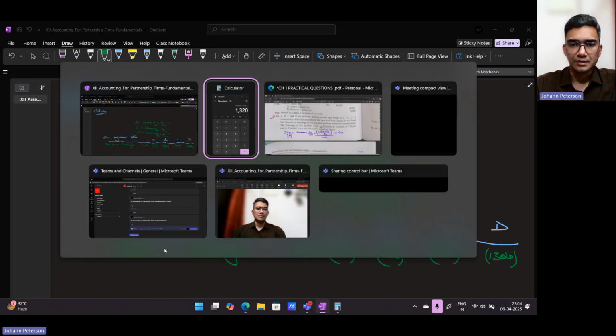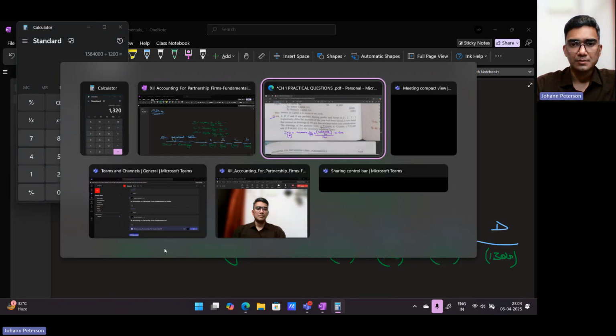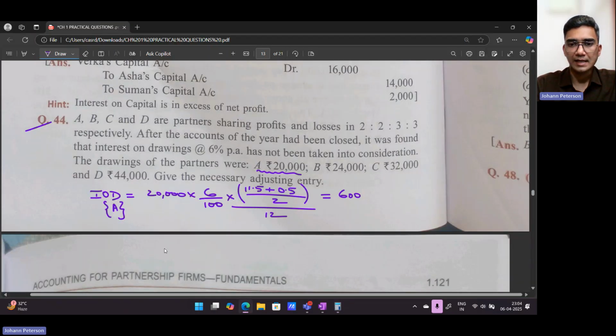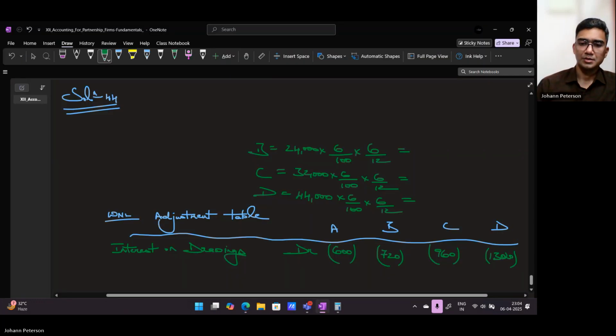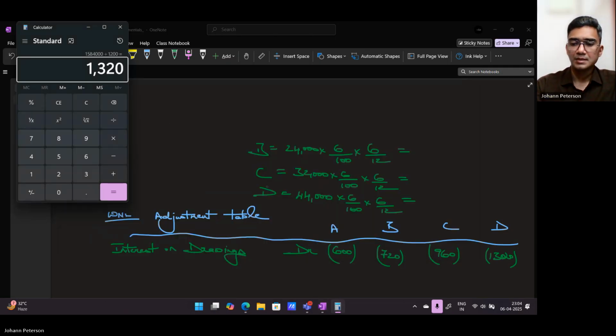Now let's add all this, just like we did it earlier. So we are going to add all this, and we are going to divide this in the ratio 2 is to 2 is to 3 is to 3. So what is our total? 600 plus 720 plus 960 plus 1320, which is 3600.